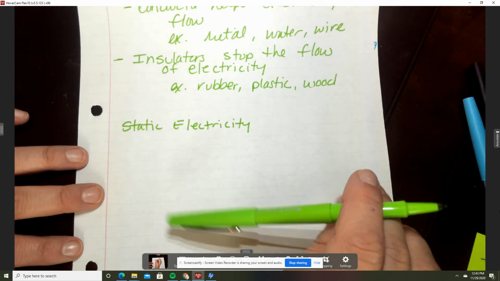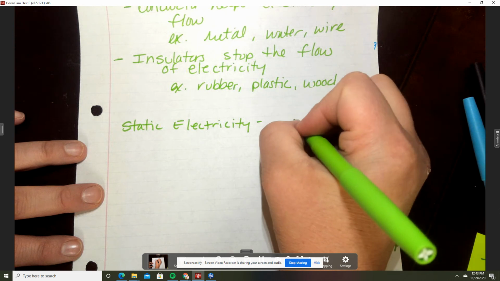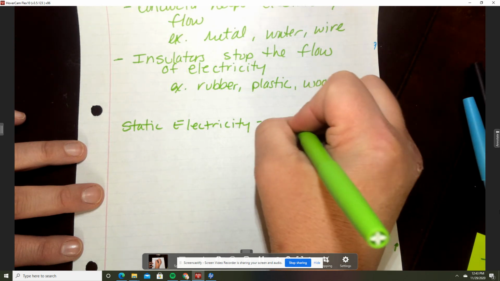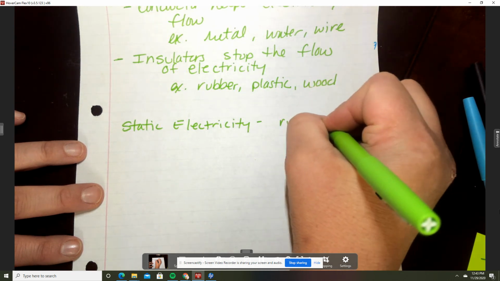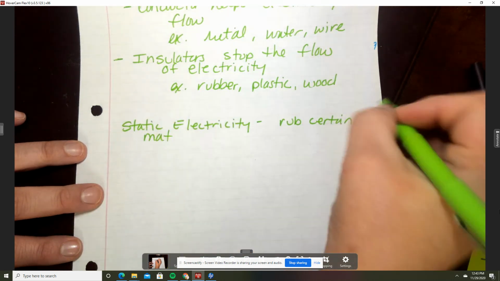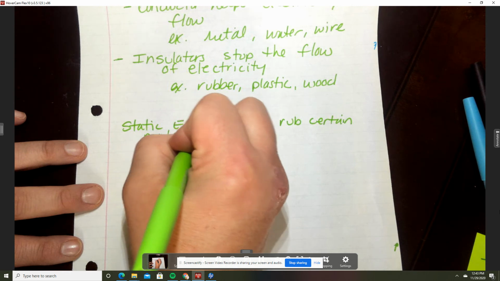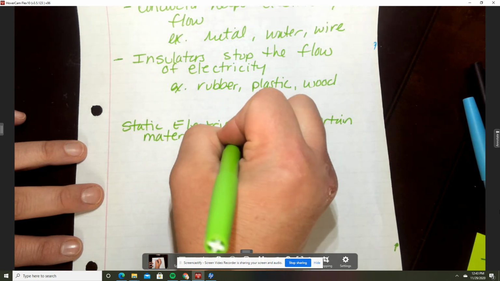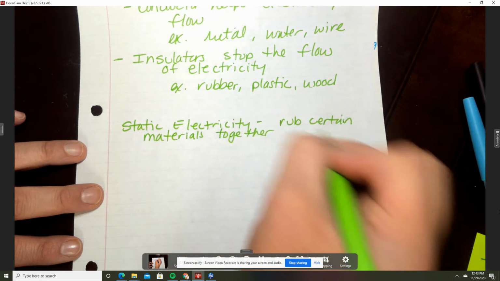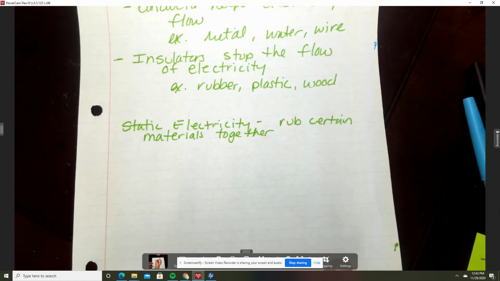All right, so static electricity is when you can rub materials together. And that would be like carpet and a balloon.